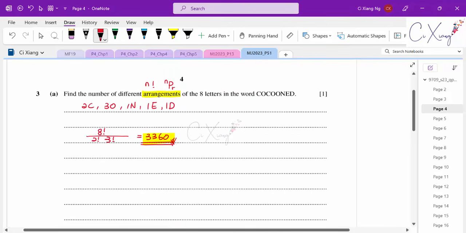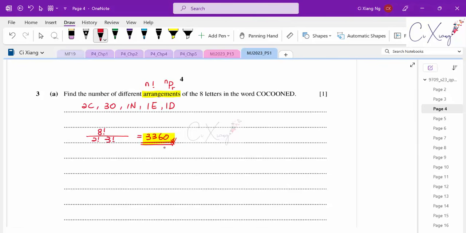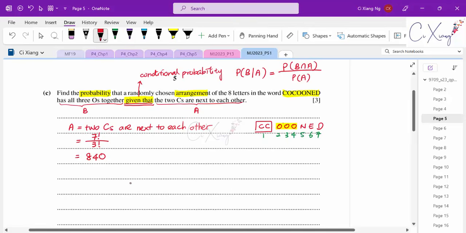The total number without restriction, we already got just now in part 1, which is 3360. So to get a probability, you just need to take the event A divided by the total without restriction, divided by 3360. So I come back to question C here. When I want to convert 840 into the probability, I will divide it by 3360 later.